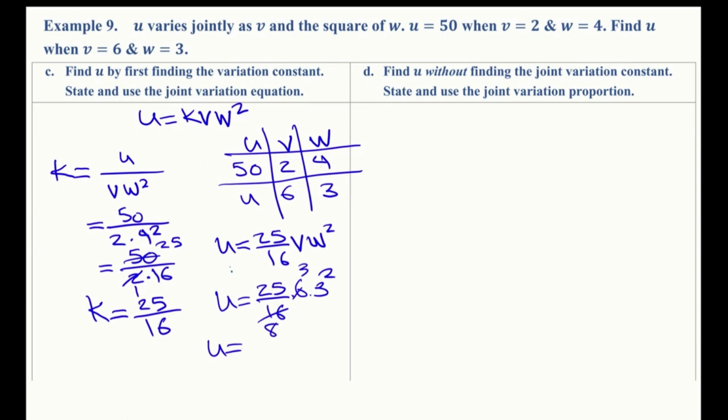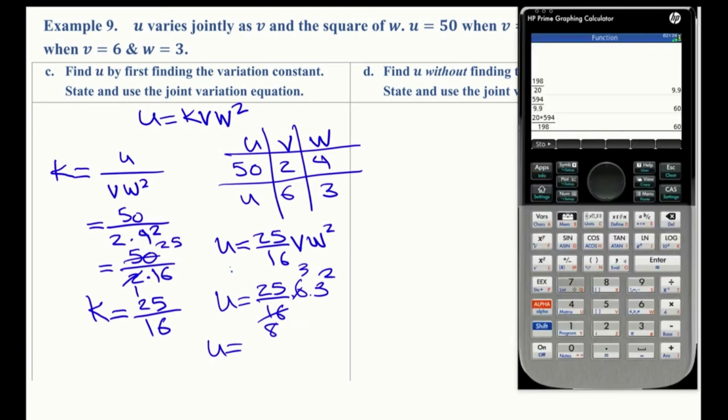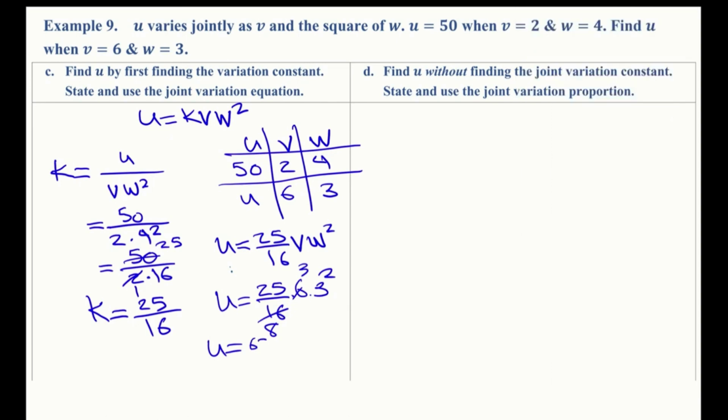So we have 25, so 75 times 9, which is 675 over 8. So remember, that will be u when v is 6 and w equals 3.